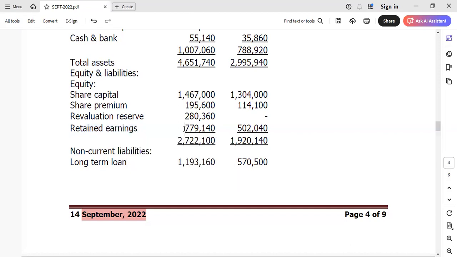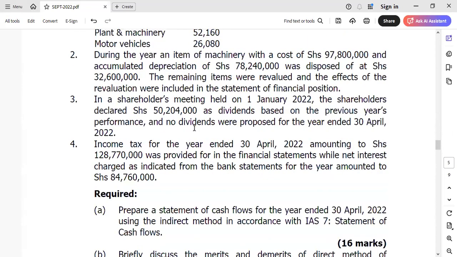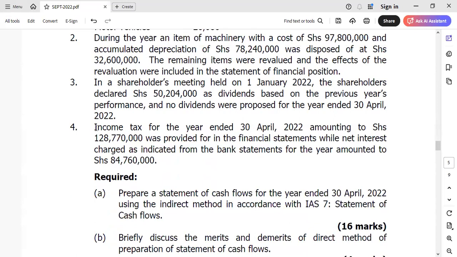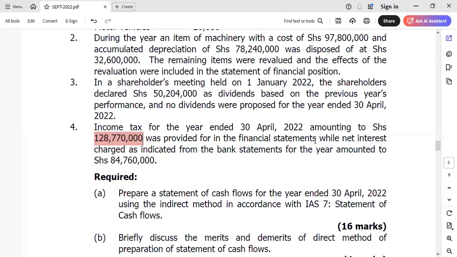Then you raise whatever you declared and paid to the what? To the shareholders. So it means that we will need to do the working. And as you do the working, in additional information, they will give you some other things. Like now, when you look at note number 4, they told us that income tax for the year ended 30th April 2022 amounting to shillings, this, was provided for in the financial statements.